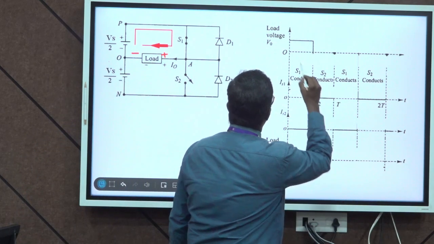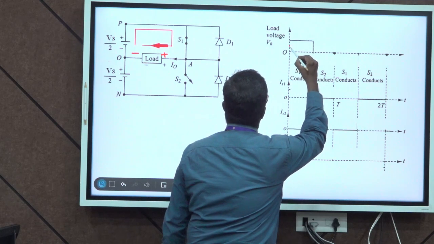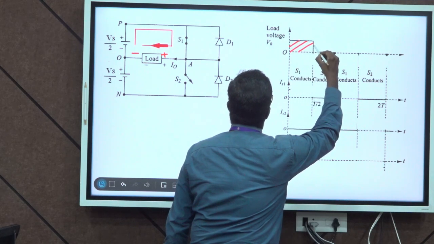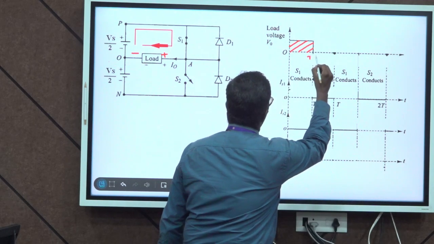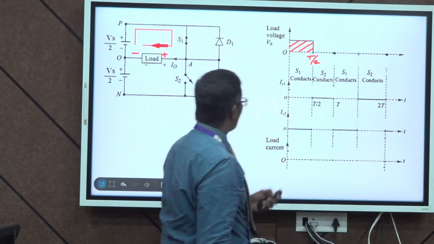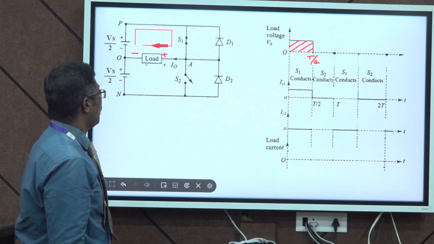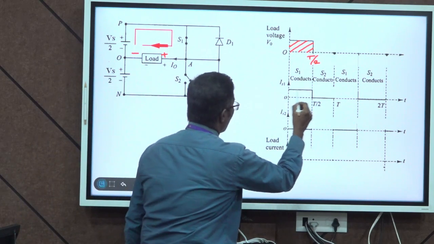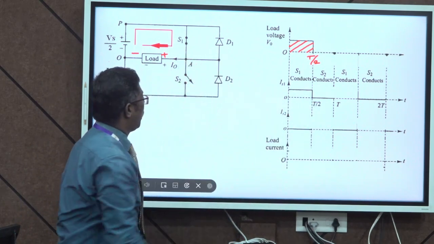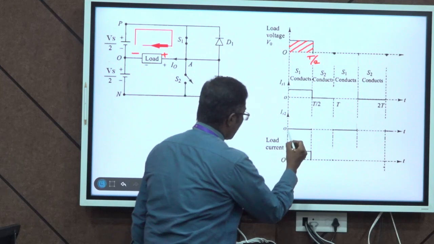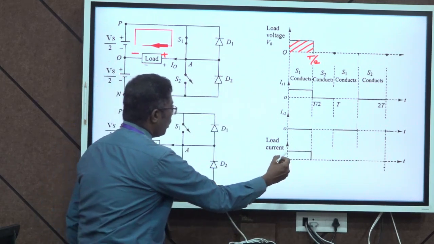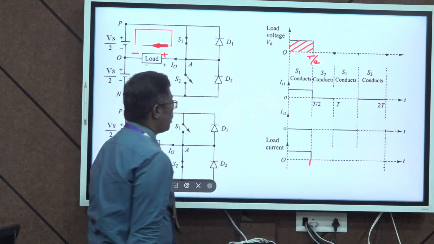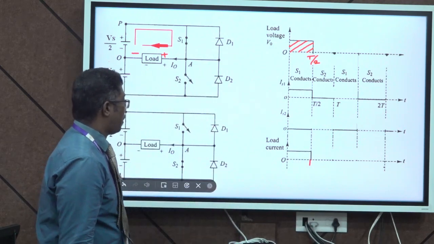The output voltage waveform will be like this, which is what we get during the time period 0 to T by 2. During this time the current flows through switch 1, the current through switch 2 will be equal to 0, and the load current will be like this.